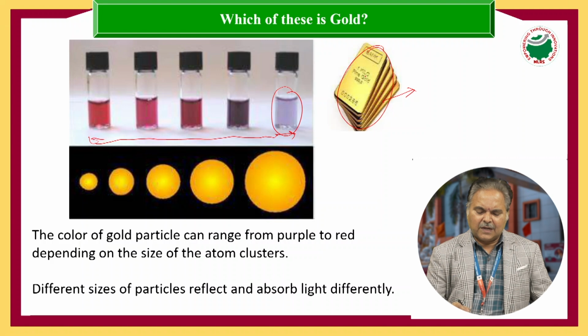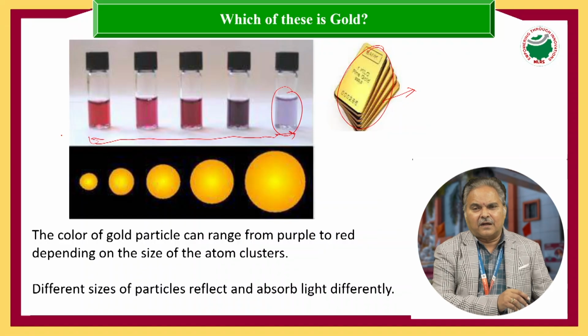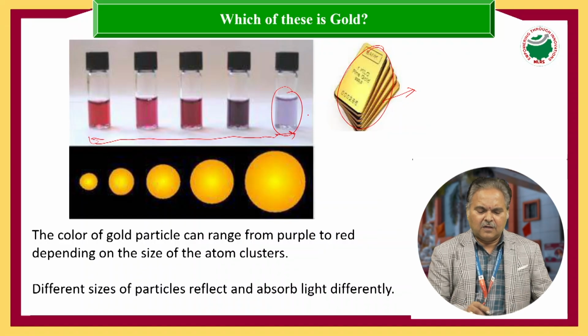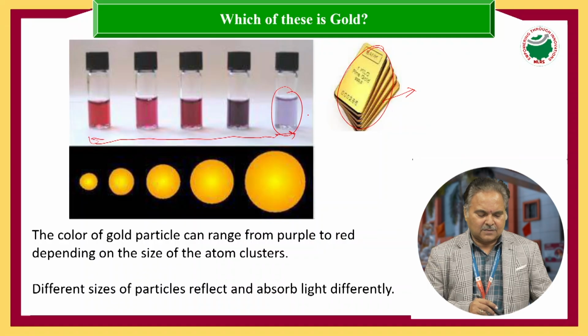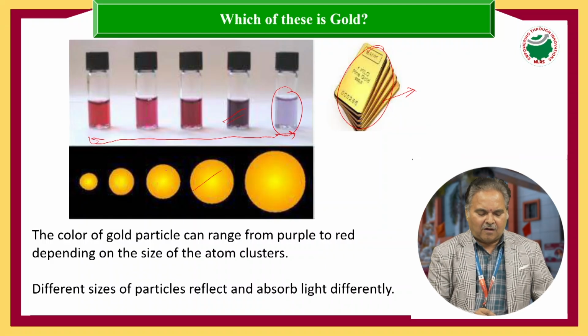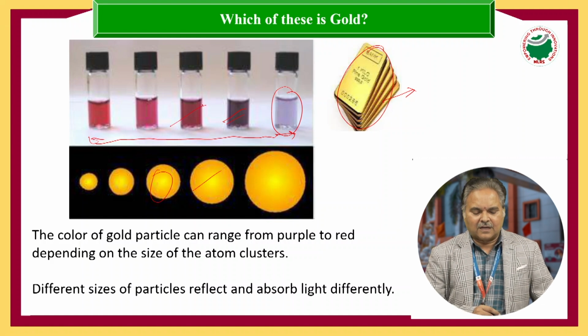If the bulk is light yellow, but the size is reduced, it becomes red color also. With big particles, you see yellow color only. When that is reduced to about half, the color changes to purple. Then reduced to another half of the diameter, it becomes red color.